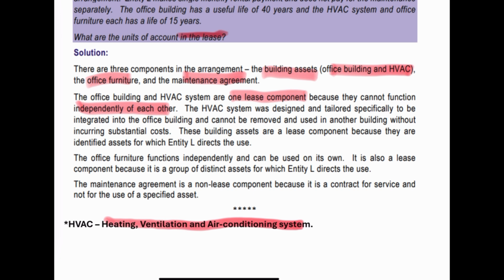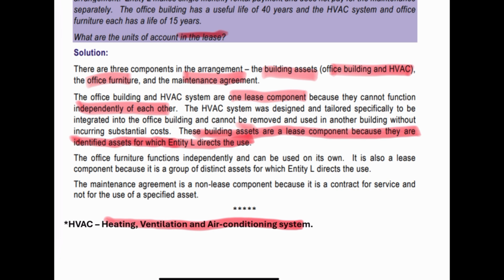The HVAC system was designed and tailored specifically to be integrated in the office building and cannot be removed and used in another building without incurring substantial cost. The building assets are a lease component because they are identified assets for which entity L directs the use.